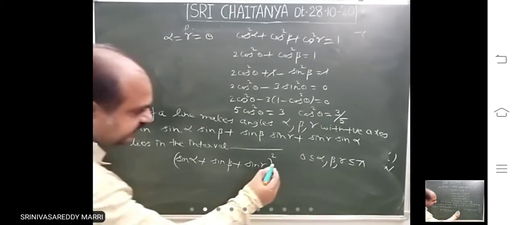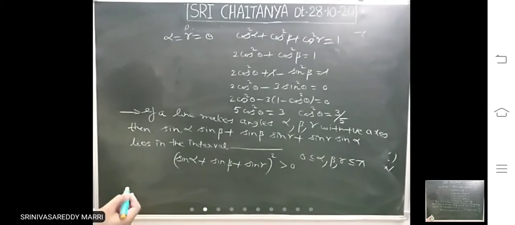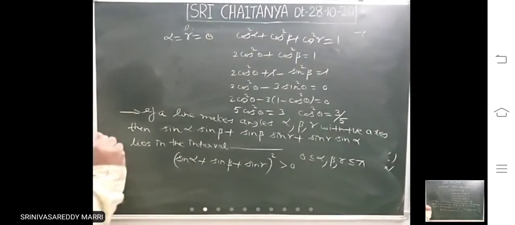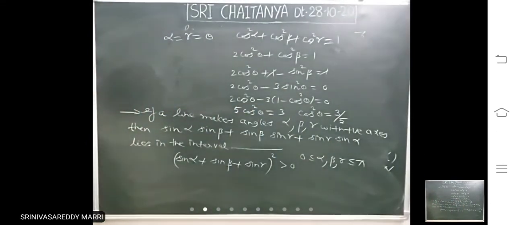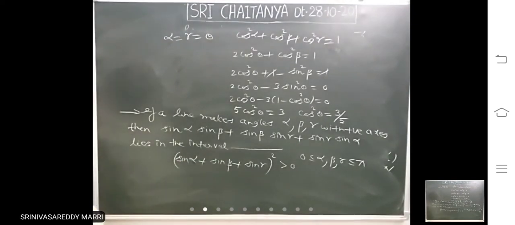This whole square is always greater than 0. Don't write greater than or equal to 0, because all the three angles cannot be 0. If a line is there, it cannot make all the angles 0 with the coordinate axes. One angle can be 0. If it makes 0 with x-axis, then it makes 90 degrees with y and z axis. That means all the three will not be simultaneously 0.